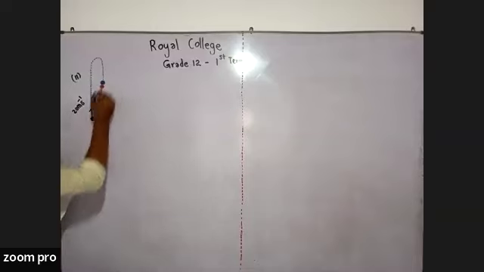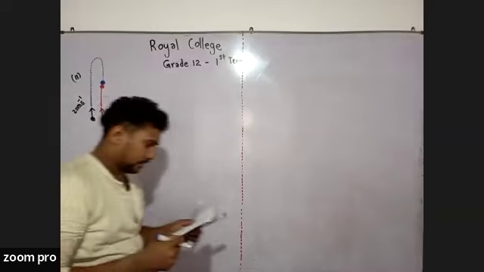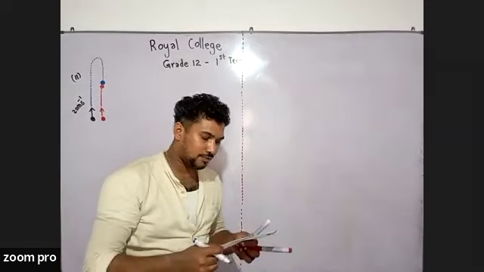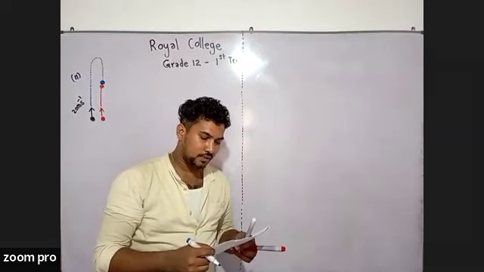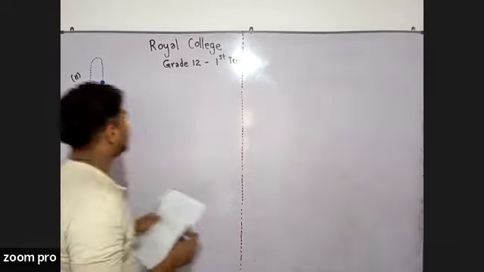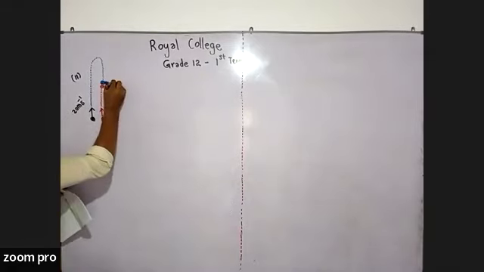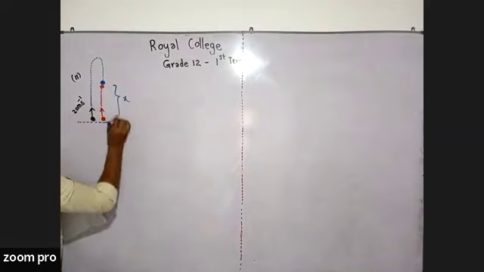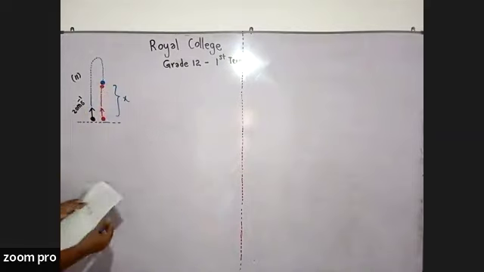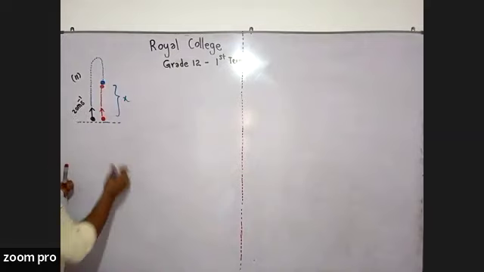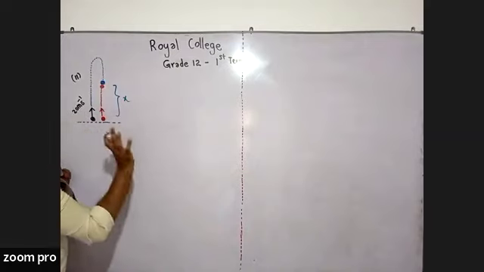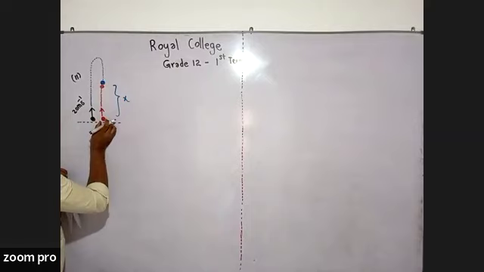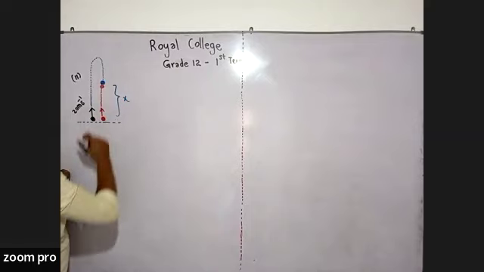So the question is, how long after A is projected will the two objects collide? Let's assume this is the distance from the initial position to the place where both objects collide. You can figure out that the second object is projected after 4 seconds, right?